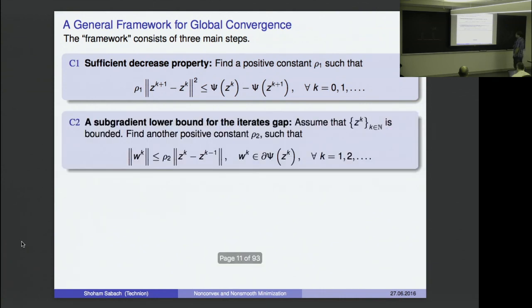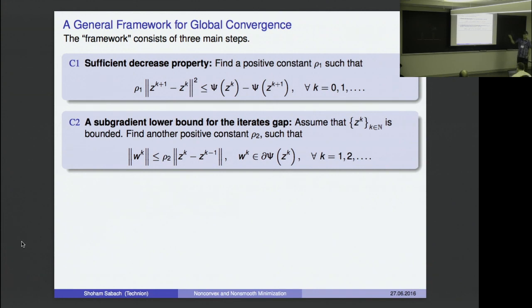The second condition requires us to find one subgradient of the function, wk, which is bounded from above by a positive constant, rho 2, times the norm of the gap between two successive iterations. These two conditions are quite standard when you analyze descent methods, in the convex setting or in the non-convex setting.